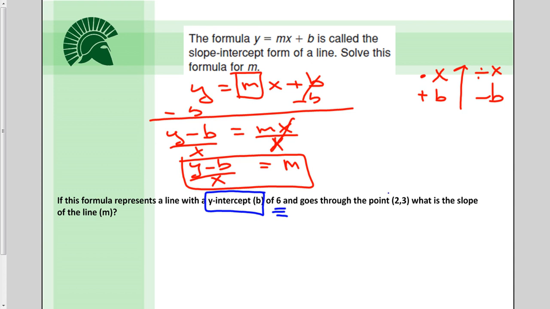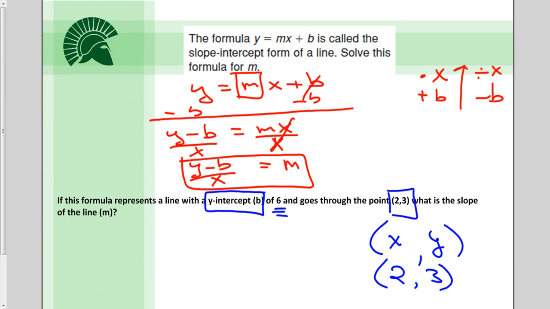Well, this requires some prior knowledge, and that is that every point we get is actually x, y. Since we have an x in our formula, a y, and a b, and we're solving for m, we can use what we just rearranged to solve for the slope. So I'm labeling what I have. x is 2 and y is 3.